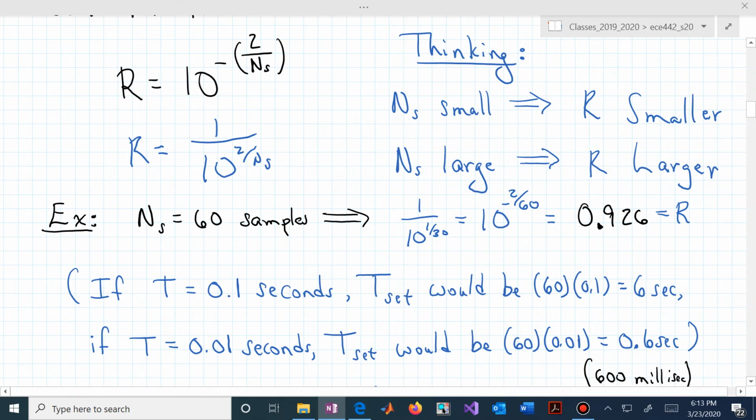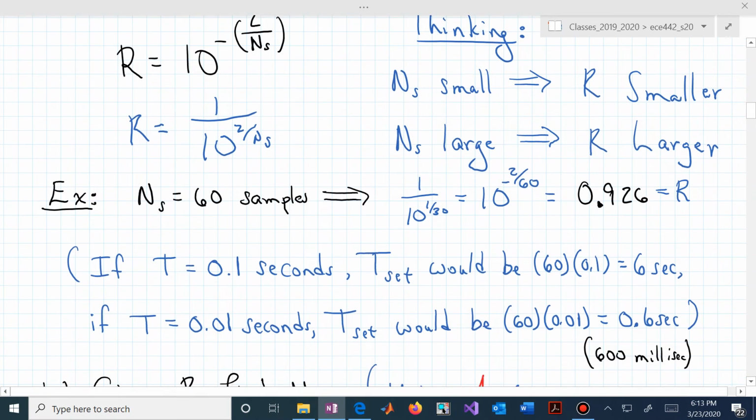Or if the sample period actually corresponded to 10 milliseconds, then it would only take us a little bit more than half a second, or 600 milliseconds, or 0.6 seconds to get to 1% of where we started. Even for the pole being at exactly the same place, the pole is at 0.926, what that corresponds to depends obviously on the sample period capital T and how fast or slow your corresponding system is.